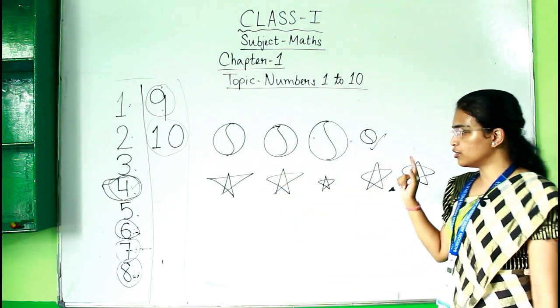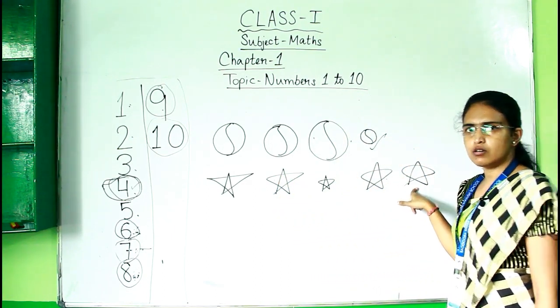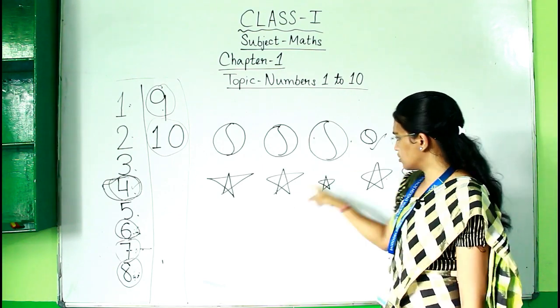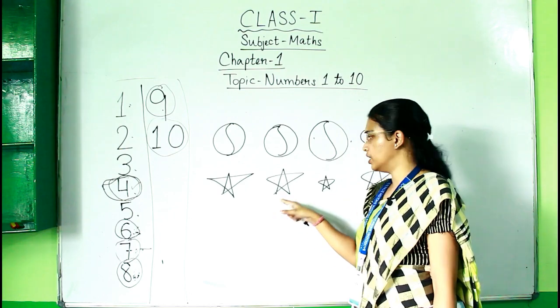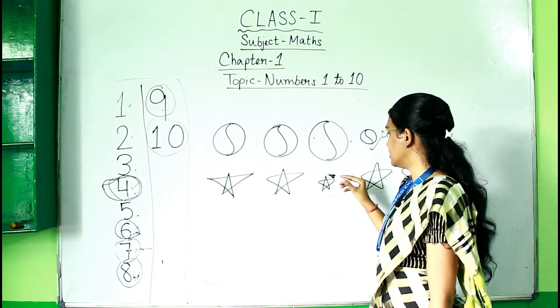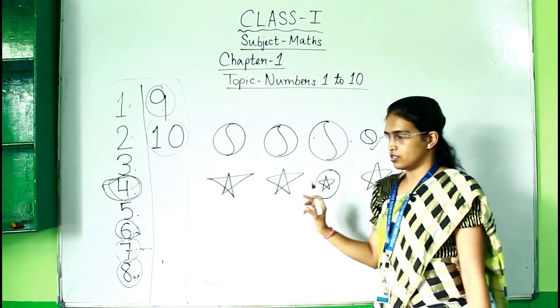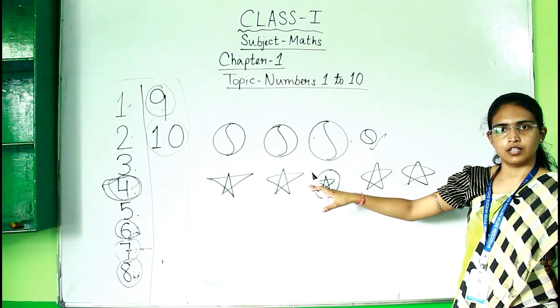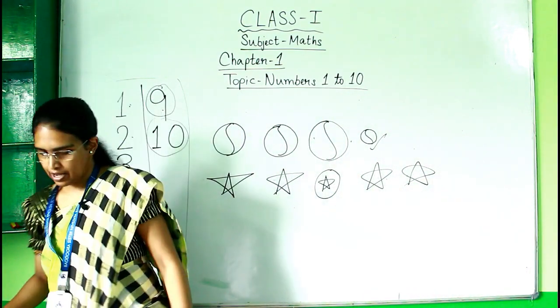Motomi, can you say which one is the smallest star? I think this one. No? Then this one? No, this is not the smallest star. Then which one is the smallest star? This one. Yes, look. This is the smallest star among all the stars. सबसे छोटा है ना देखो. Right? Yes.